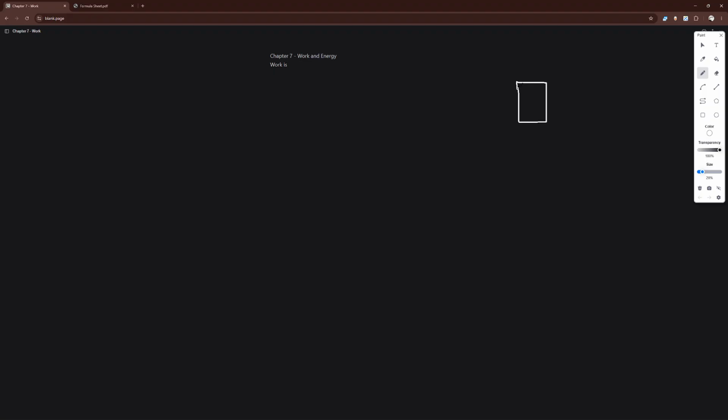Anyways, let's start with some definitions. Work describes a scenario where a particle is experiencing a force and that makes it go a certain displacement in the direction of the force. So if we have our box and I'm pushing it this way and it moves this way, there's work being done here.